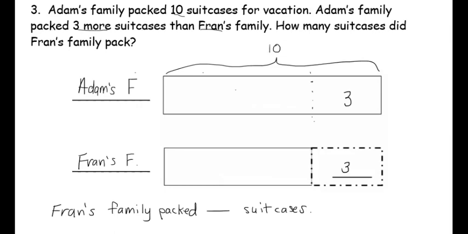So this portion of his tape must be 7. And since this portion of his tape is equal to all of Fran's tape, then her tape must also be 7, which means Fran's family packed 7 suitcases. And since Adam's family packed 3 more than Fran's, that makes sense, because 10 is 3 more than 7.